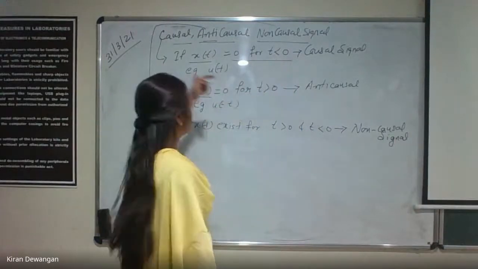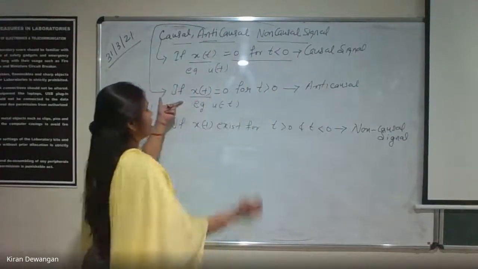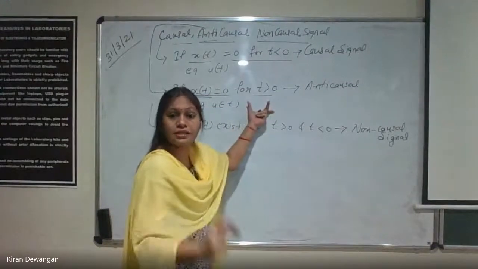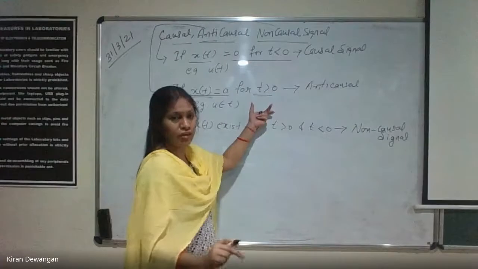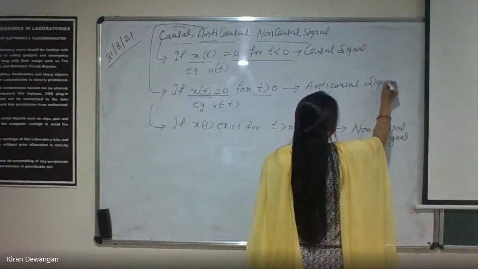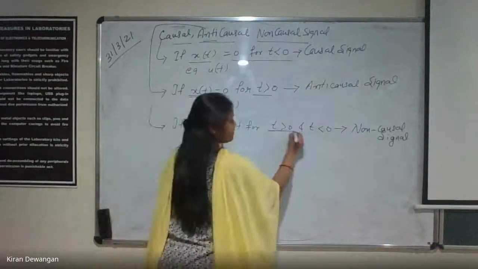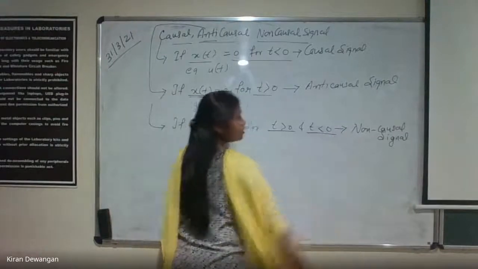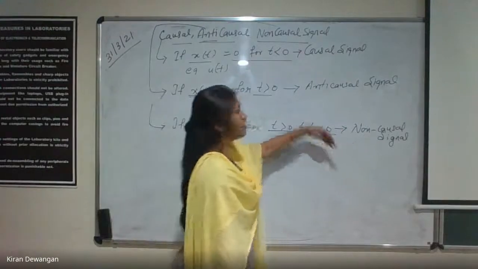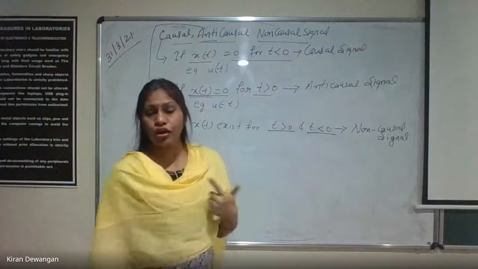Similarly, if x of t exists only for negative values of t, that is, x of t is 0 for t greater than 0, then it's an anti-causal signal. If x of t exists for both positive and negative values of t, then it satisfies both conditions, and the signal is a non-causal signal.